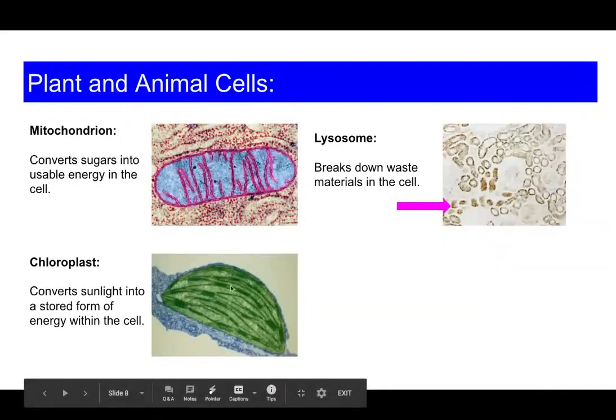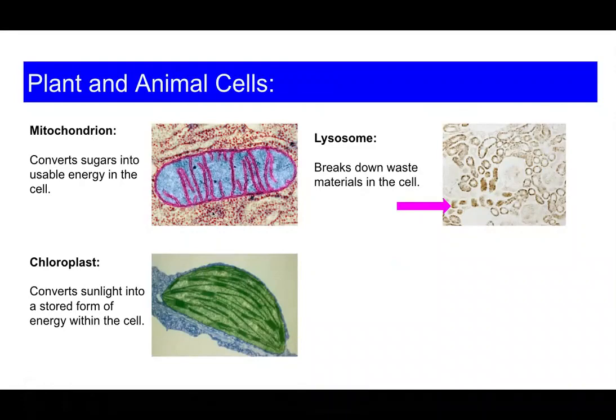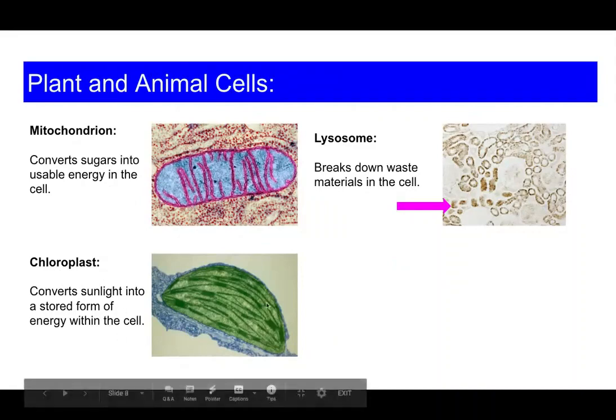We've got two ways we can make energy. We have the mitochondrion, which we find in both plants and animals, and that takes sugars and turns them into usable energy. And then we have chloroplasts, which also make energy, but it's storing energy from sunlight in the form of sugar molecules.